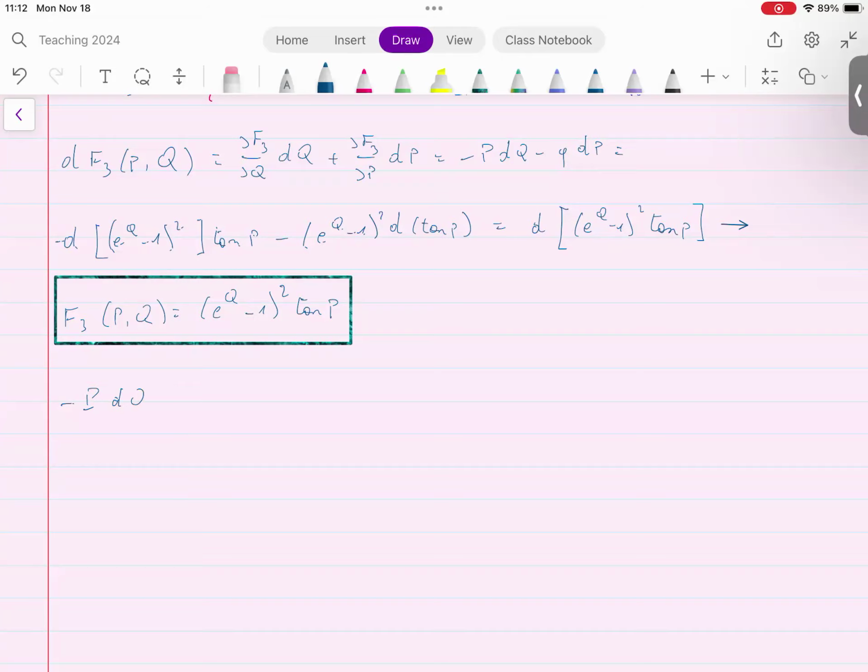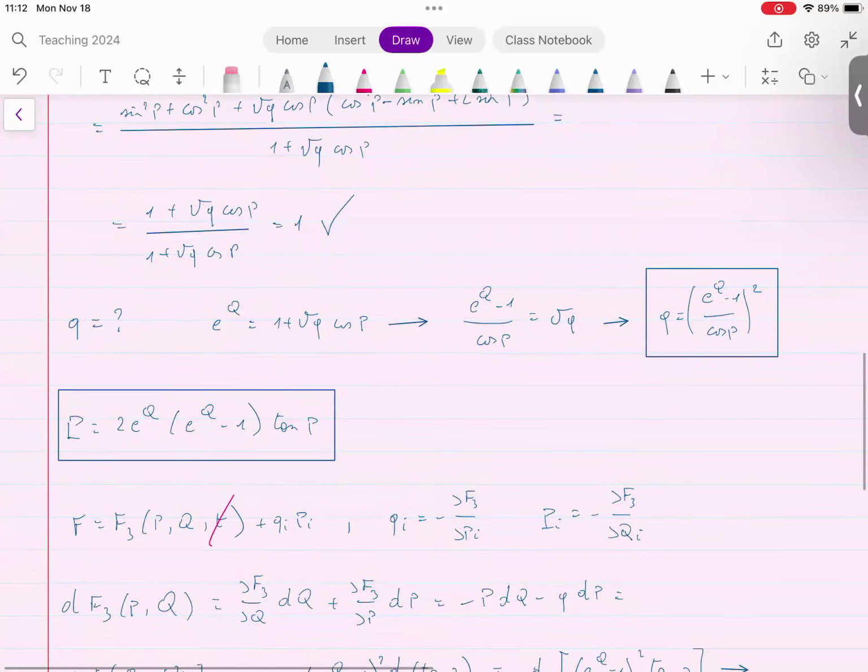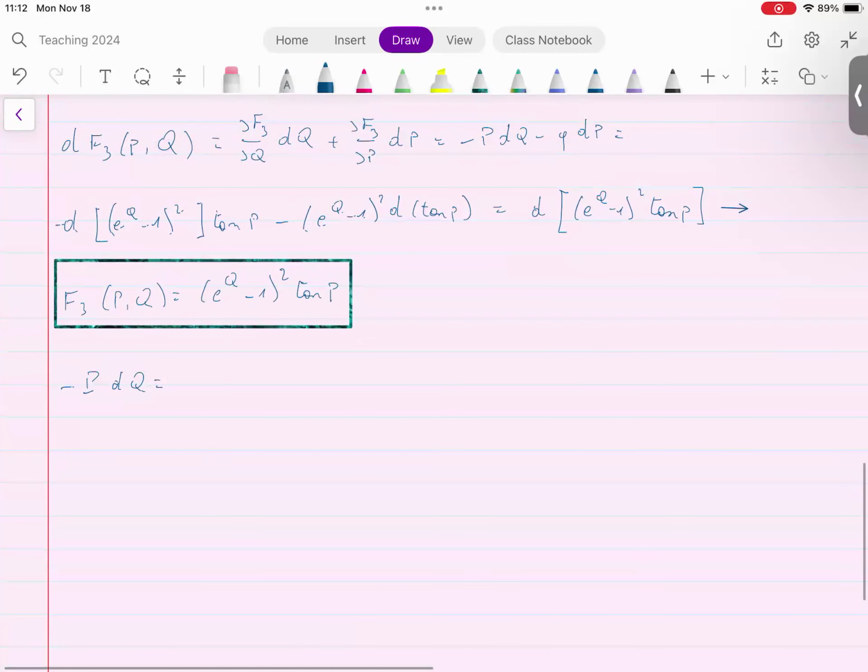Minus P dQ is equal to the expression we have for P, which is this one. So it's minus 2e to the Q, e to the Q minus 1, tangent of p, times dQ.